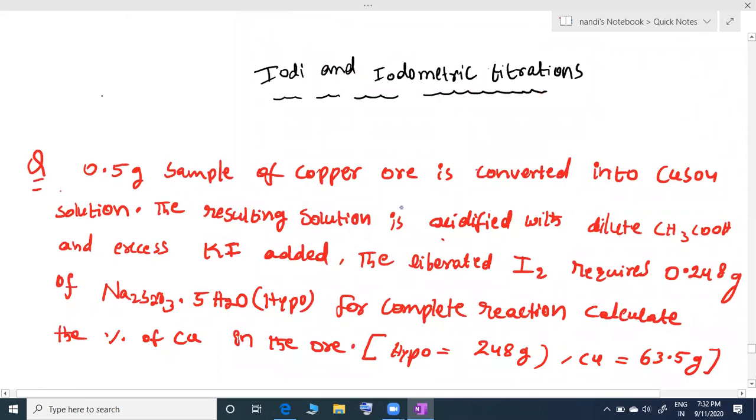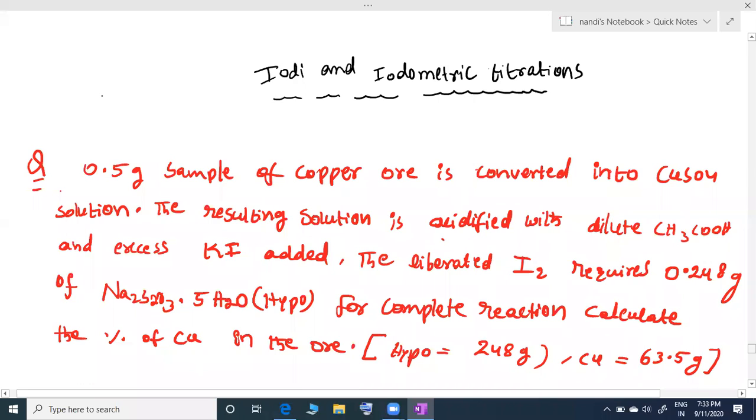0.5 grams of a sample of copper ore is converted into CuSO4 solution. The resulting solution is acidified with dilute acetic acid, and excess KI is added. The liberated I2 requires 0.48 grams of Na2S2O3.5H2O for complete reaction. Calculate the percentage of copper in the ore.